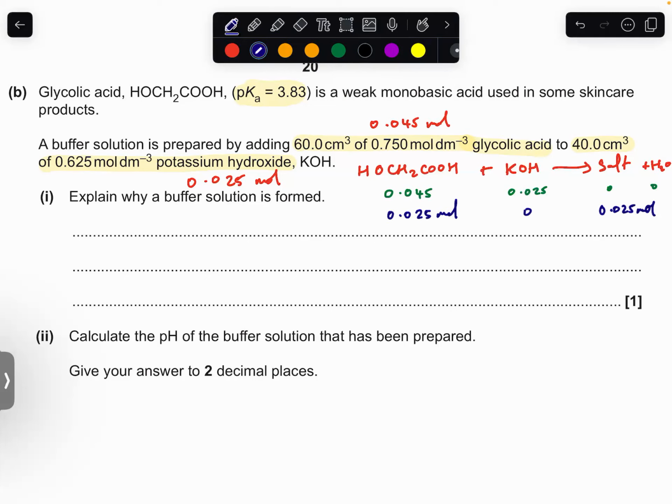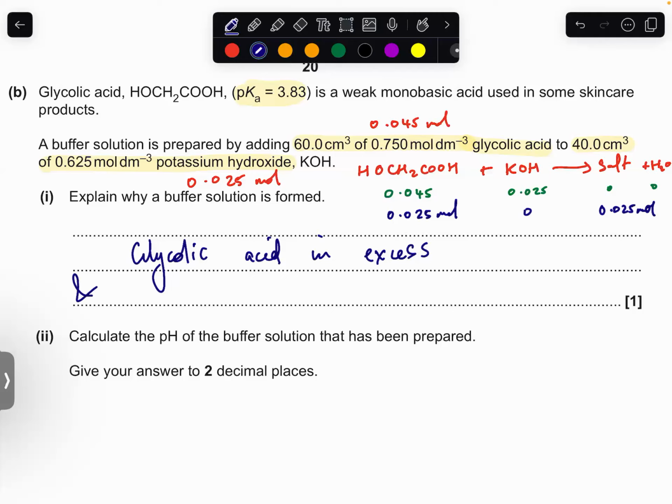potassium glycolate. So I think we've done a bit of part 2 of the question. Why is a buffer solution formed? It's because the glycolic acid is in excess, and because it's in excess, you've also got the salt that is produced.